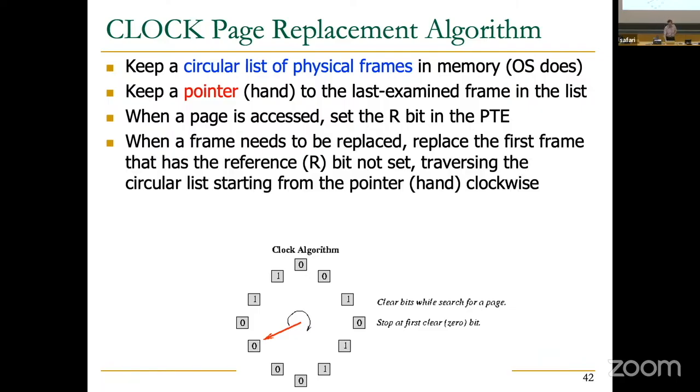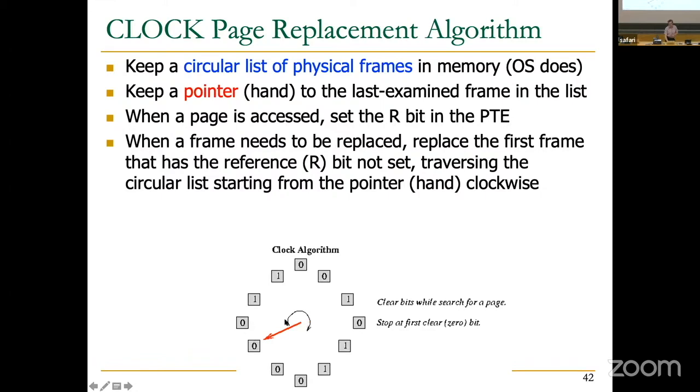Okay, that's good. Now, when a frame needs to be replaced, this clock algorithm kicks in and it replaces the first frame that has the reference bit not set. And it finds this frame by traversing the circular list starting from the pointer going clockwise. So if you look at this example, we're pointing to 0. This is not set. That's the reference bit. So you replace this one, if you need to replace something.